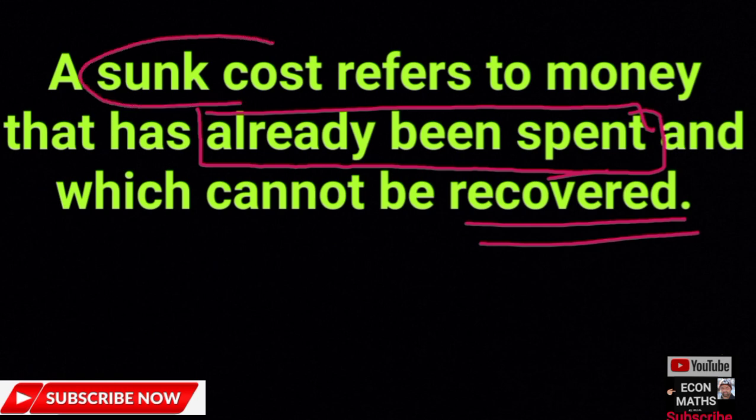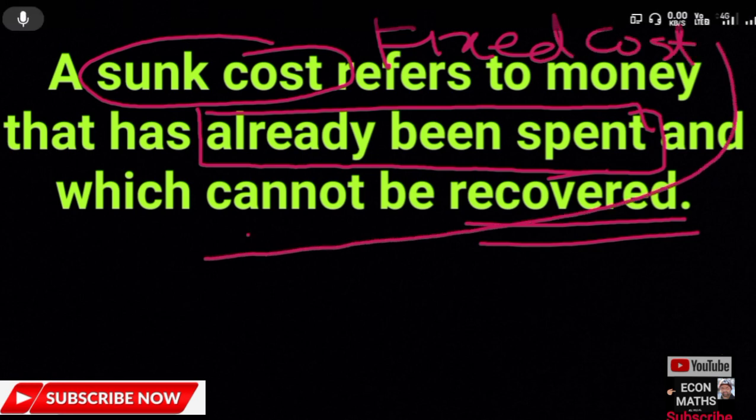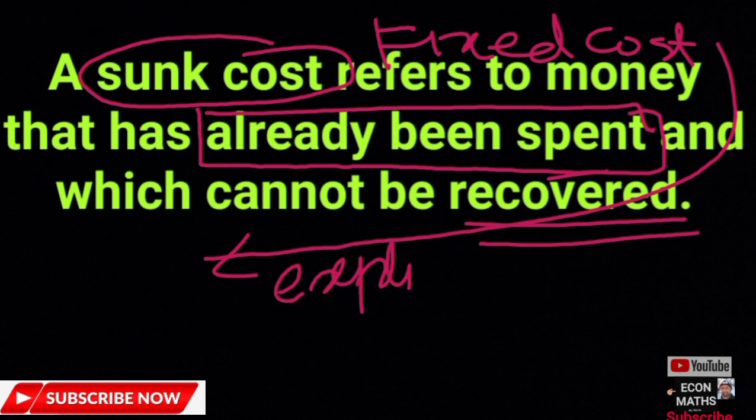So if a sunk cost is a fixed cost, that means a sunk cost is also an explicit cost. That means these costs are actually recorded for accounting purposes.